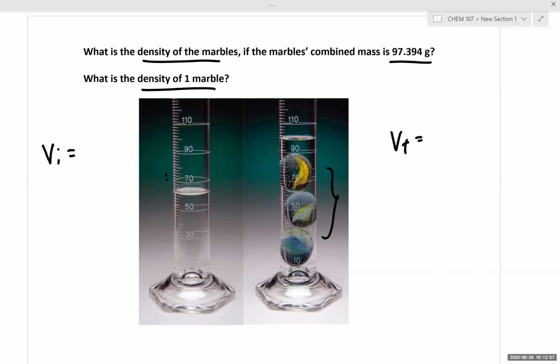Let's try to get a few more responses for the density value, and then we'll discuss this example momentarily. Make sure you're paying attention to significant figure rules for measurements from graduated devices and in your subtraction and multiplication operation.